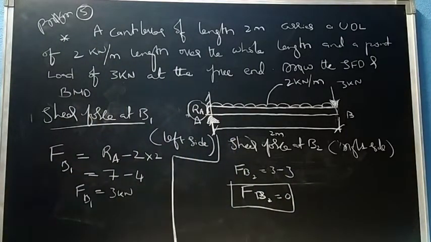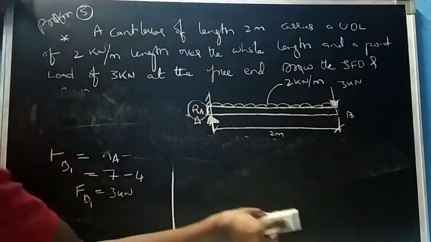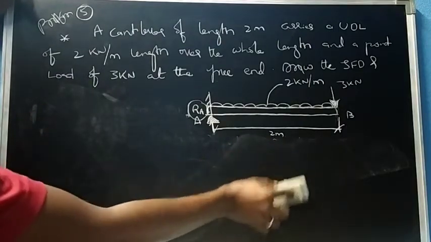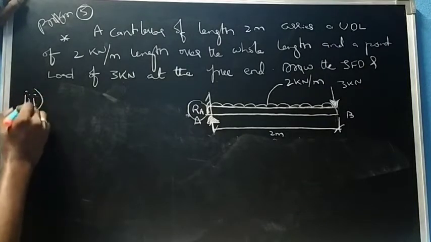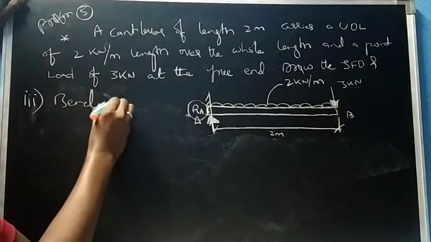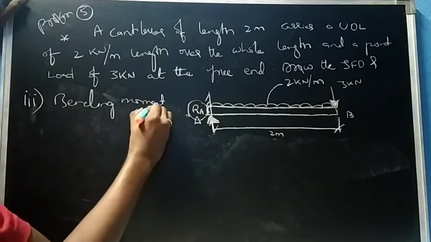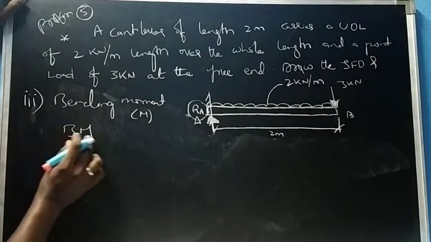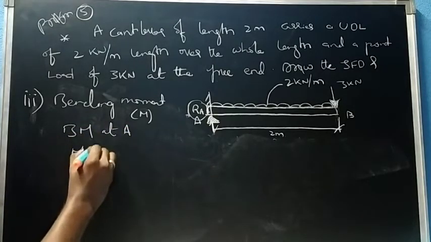Now we will find the bending moment. Step number 3 is to find the bending moment, denoted by M. I will write in short form the bending moment at A, that is MA equals.